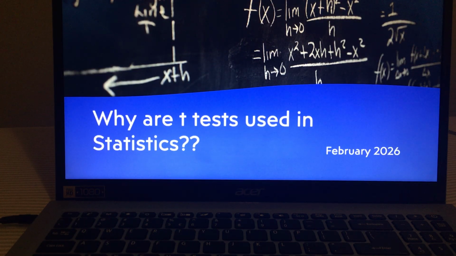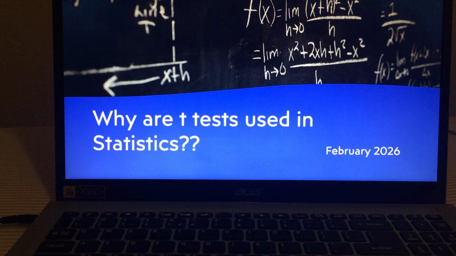So in other words, if we repeatedly pulled samples of 50 from our population with a mean of 500 and a standard deviation of 100, and we recorded the mean of each sample, that distribution of sample means would have a mean of 500 and a standard deviation, or SEM, of 14.142.